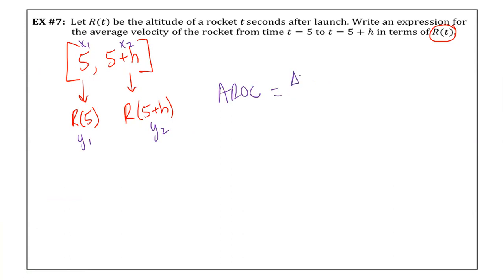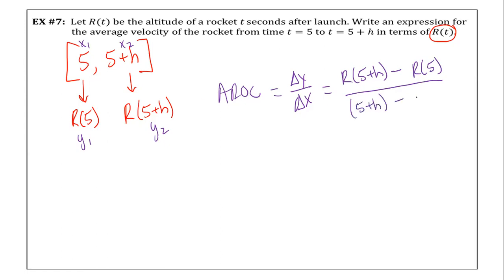Because AROC is the change in my Y over the change in my X. So my Y2 is R of 5 plus H, minus my Y1, which is R of 5, all over my X2, 5 plus H, minus my X1, which is 5.